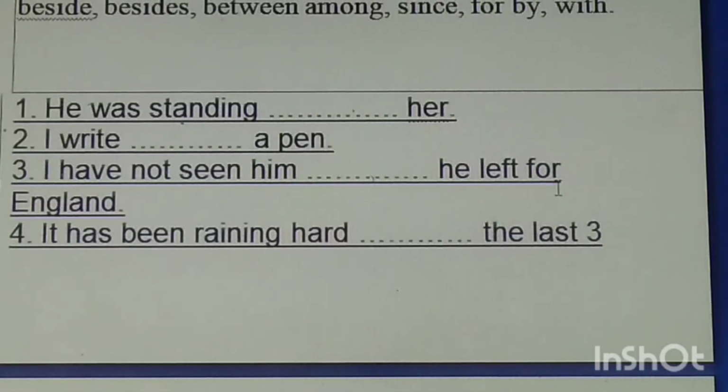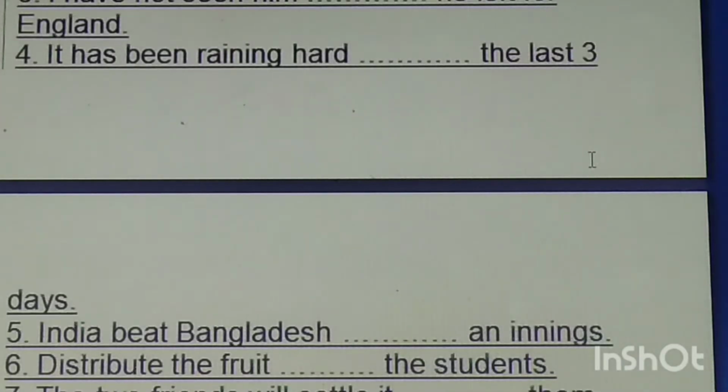Now, he was standing ___ her. I write ___ a pen. I have not seen him ___ he left for England. Now the fourth one, it has been raining hard ___ the last 3 days.